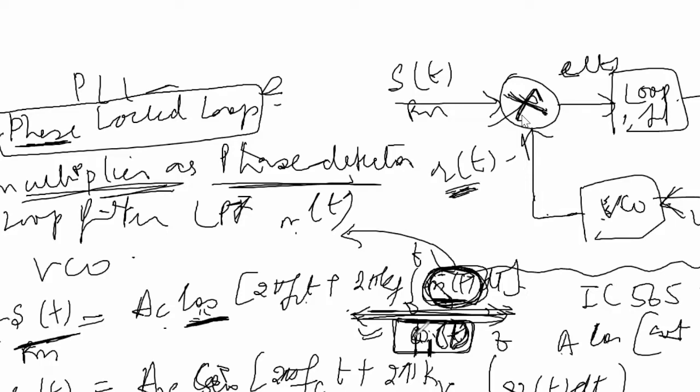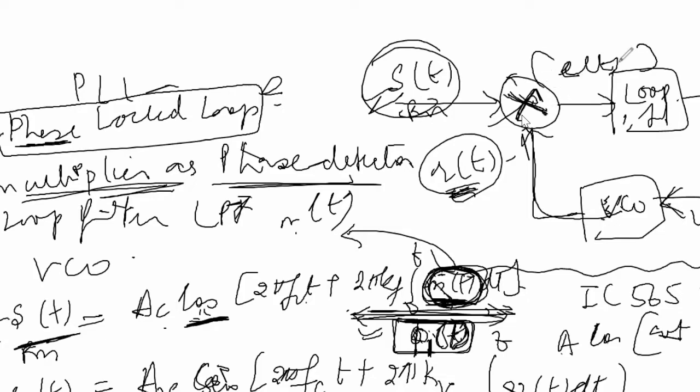So there are two phases in this particular system. One is phi 1t for the input FM, which is carrying the message signal. Another is phi 2t, which is from V of t, the output from the VCO. Both of these signals are multiplied here. That means the output of the multiplier will be s(t) into r(t), and you will get a big equation here, because this complete equation is multiplied with this big equation. The low frequency components present in that equation are allowed to pass through the loop filter.